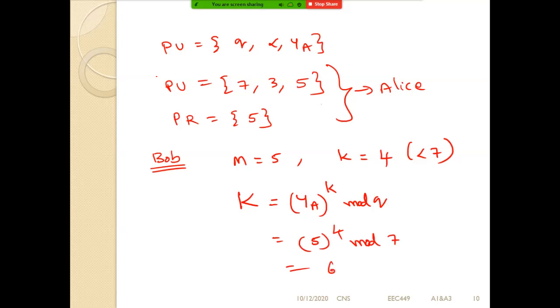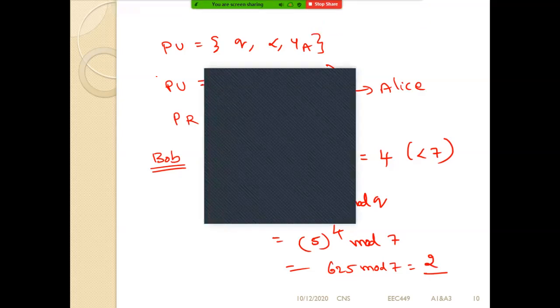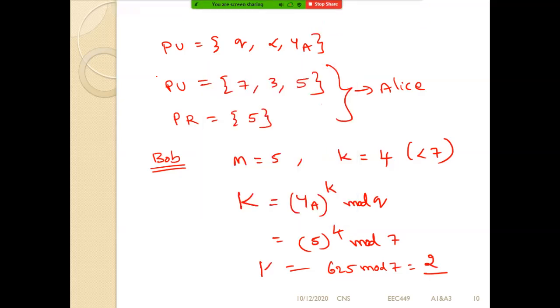So 625 mod 7, what is the remainder? Two. Yes, 2, correct. So this is the secret key.